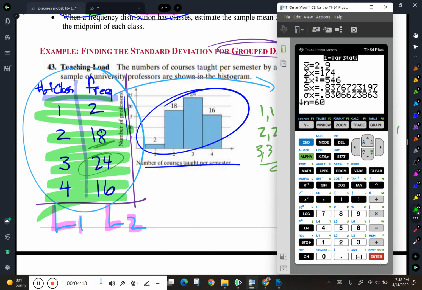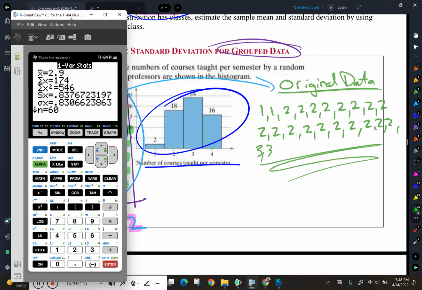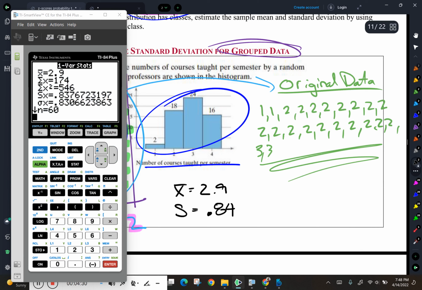And I calculate, and it tells me that the mean of this data set is 2.9, and that the standard deviation in this data set is 0.837. So round it wherever they tell me to round it; I'll go to 2 decimal places, call it 0.84. All right.